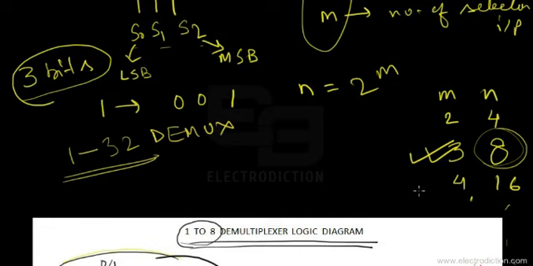The highest demultiplexer available in the market is the 1 to 16 demultiplexer. So in order to construct a 1 to 32 demultiplexer, we need to cascade two 1 to 16 demultiplexers. The details about the cascading of demultiplexers are covered in our next tutorials on digital electronics.